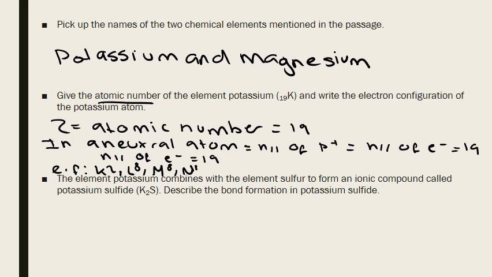Third question says the element potassium combines with the element sulfur to form an ionic bond called potassium sulfide. Describe the bond formation in the potassium sulfide.